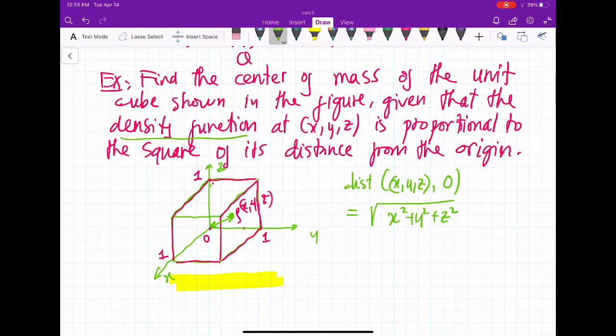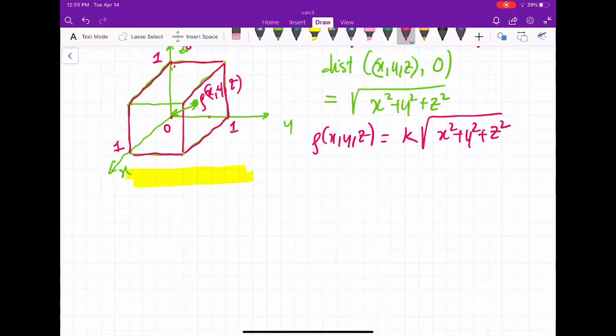That means the function is just rho of x, y, z equals k times the square root of x squared plus y squared plus z squared. Make sense? Once you have the density function, you can find the first moments, and then using the first moments we find the center of mass.